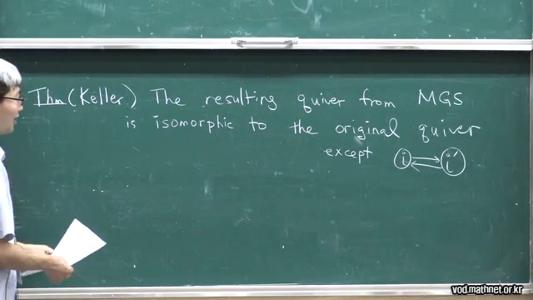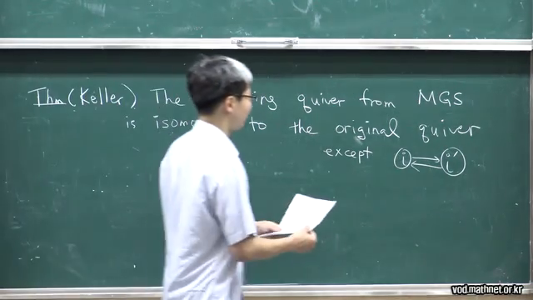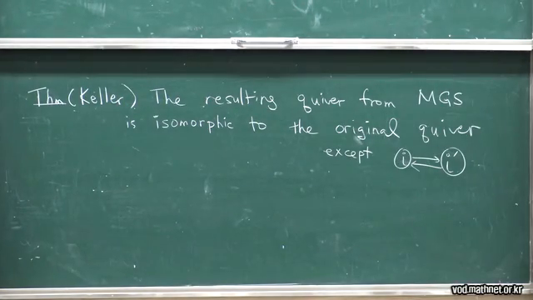Okay, and what do you mean by that picture? If I look at just the old quiver, then they are isomorphic. But if I consider this as a framed quiver, then I have an arrow from i to i prime at the beginning, but at the end I have an arrow from i prime to i.